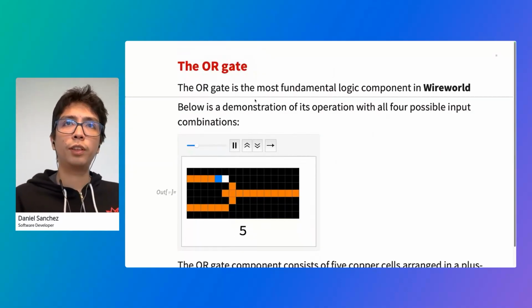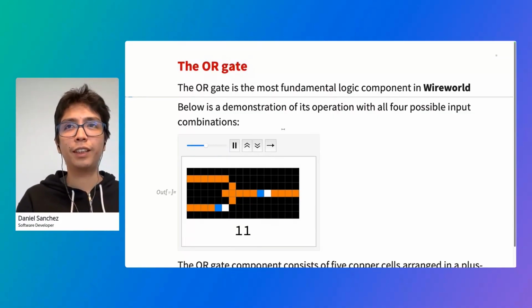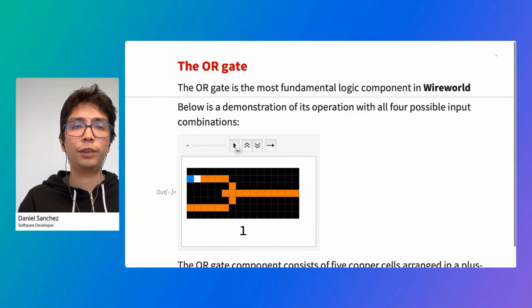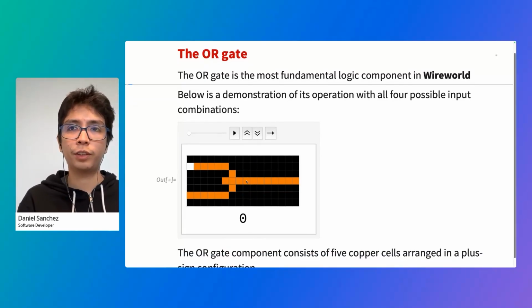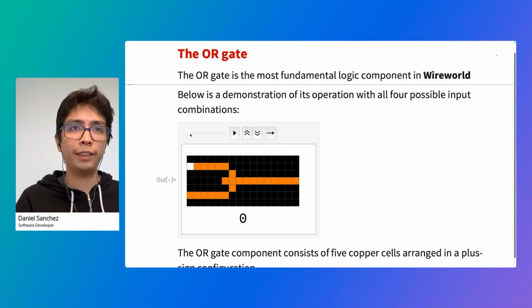And the most fundamental logic component, I think, is the OR gate, and it's this example here. You'll see here that if this is the gate, this cross-shaped 5-wire cell arrangement, if there's no electron coming to it, there's no electron coming out. This will become the norm for other gates.